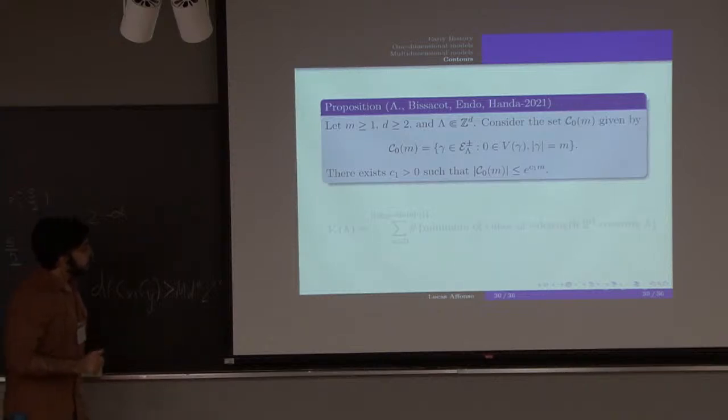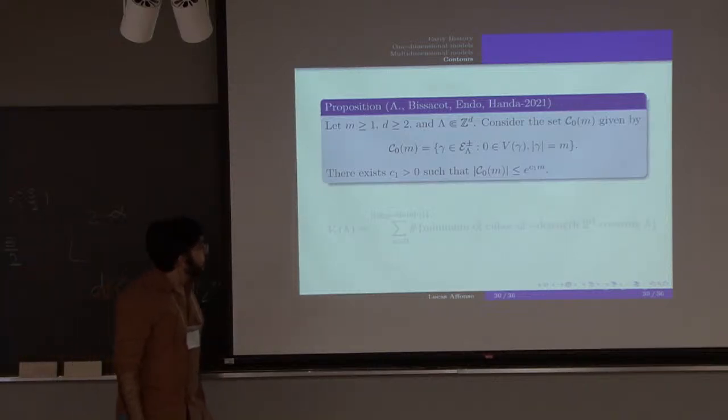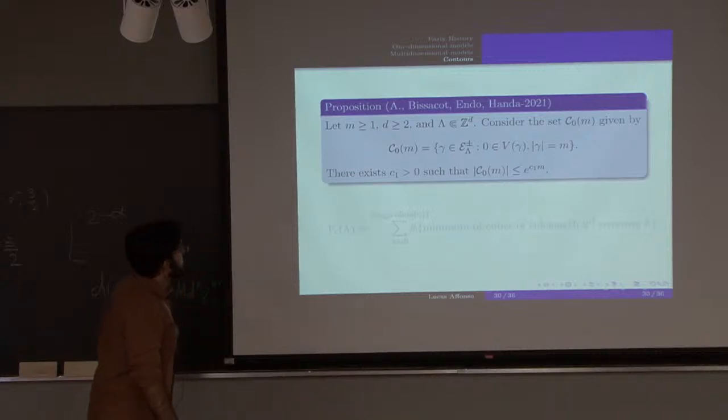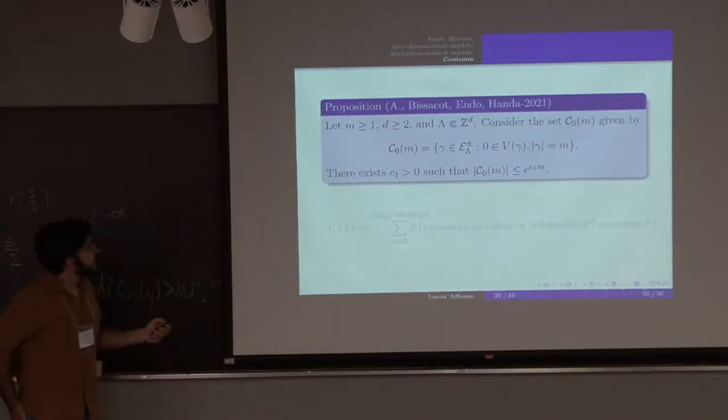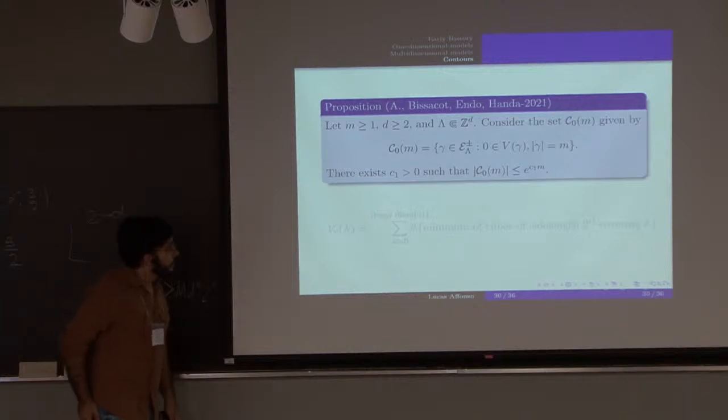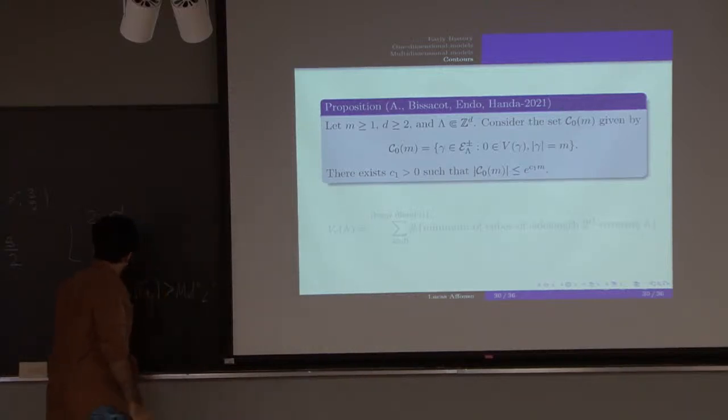So what we managed to show, the main result of this construction, is that we can actually have exponentially many of them depending on the mass of the support. And I also need to make another drawing.